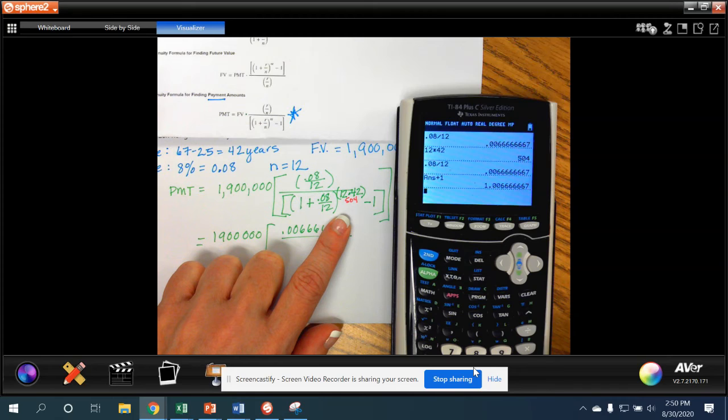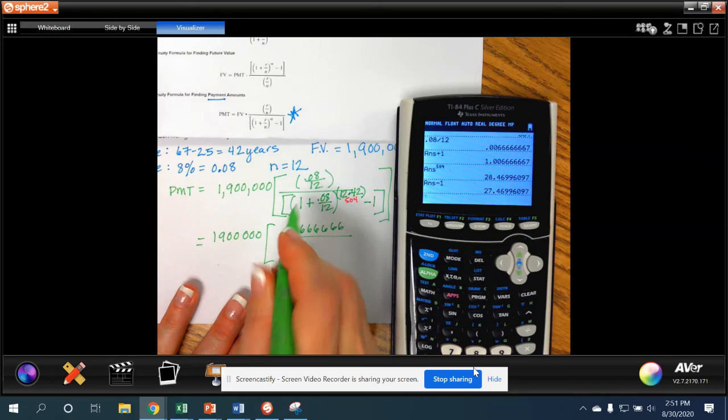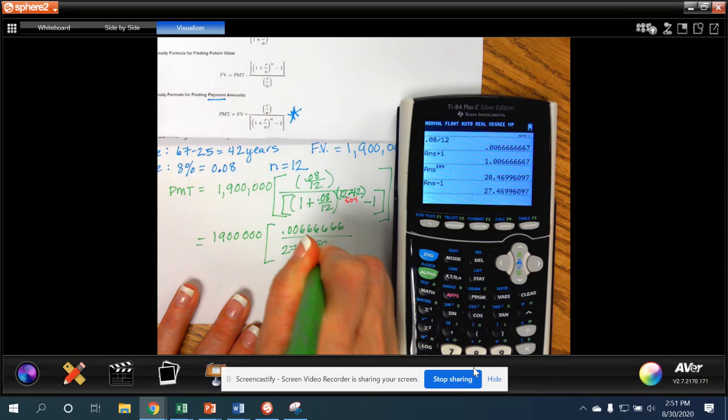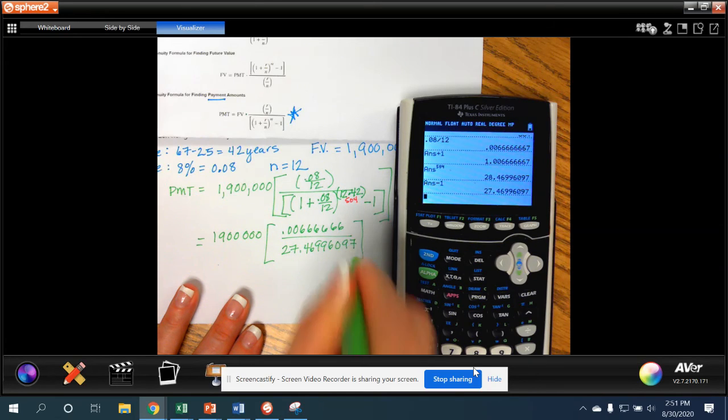I don't have to re-enter it. I hit enter, and then I'm going to subtract 1. And I get what the denominator would be: 27.46996097. And it just depends on your calculator type.